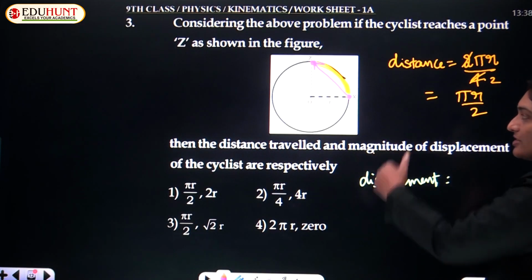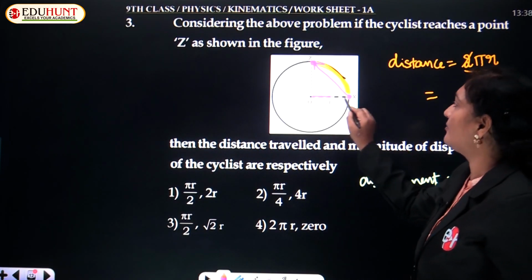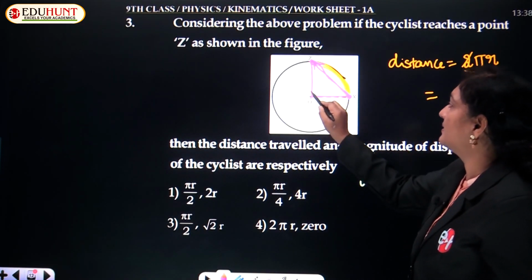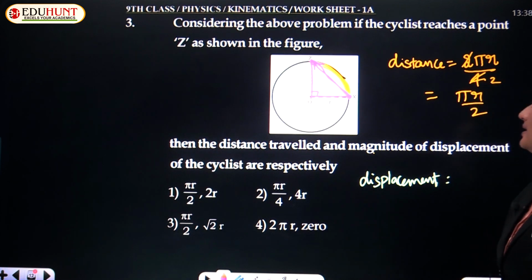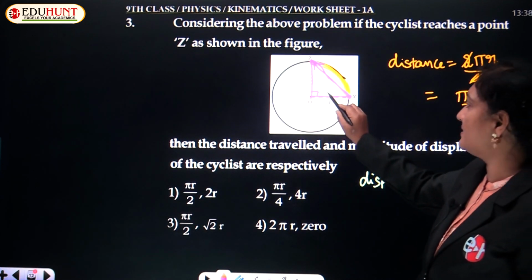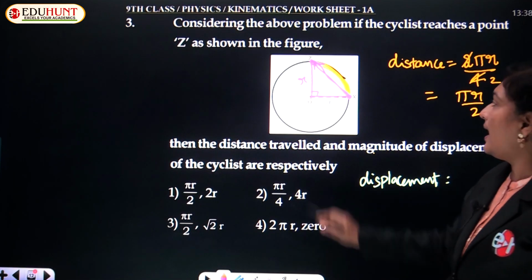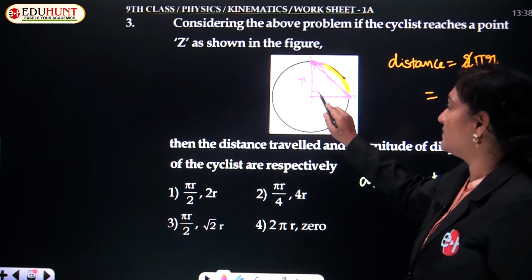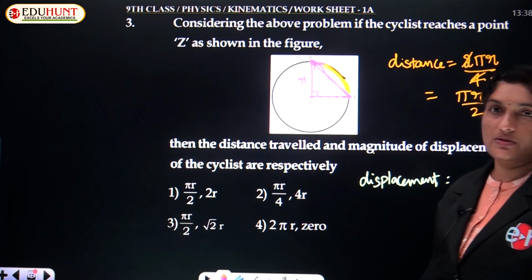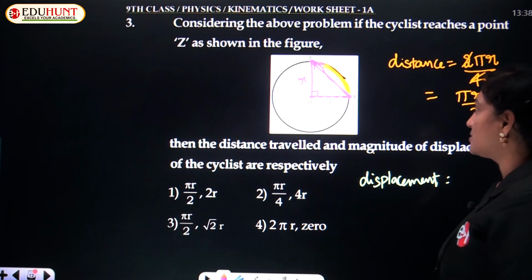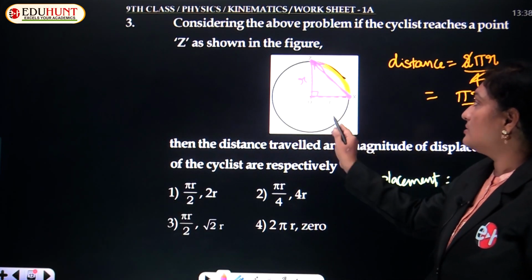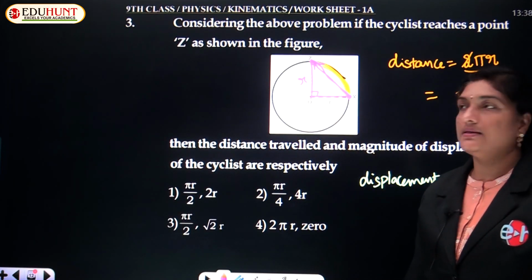If you observe the picture carefully, this forms a right angle triangle. In a right angle triangle, if this length is r, then here also it must be r. And these are the two sides of the right angle and this is the hypotenuse side. So hypotenuse squared is equal to the sum of the squares of the other two sides.